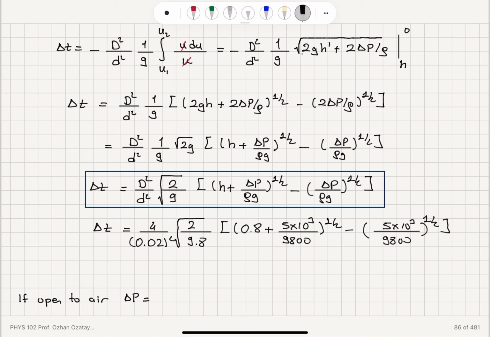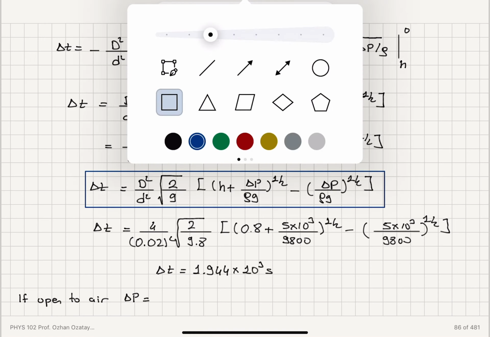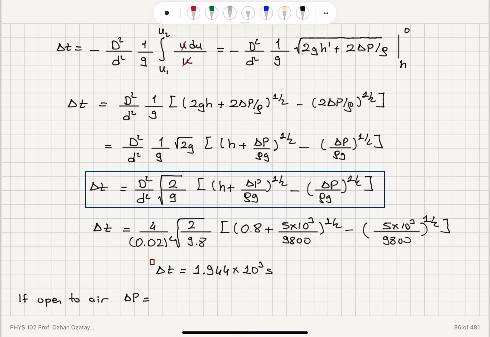And this gives me a delta t of 1.944 times 10 to the 3 seconds as the answer.